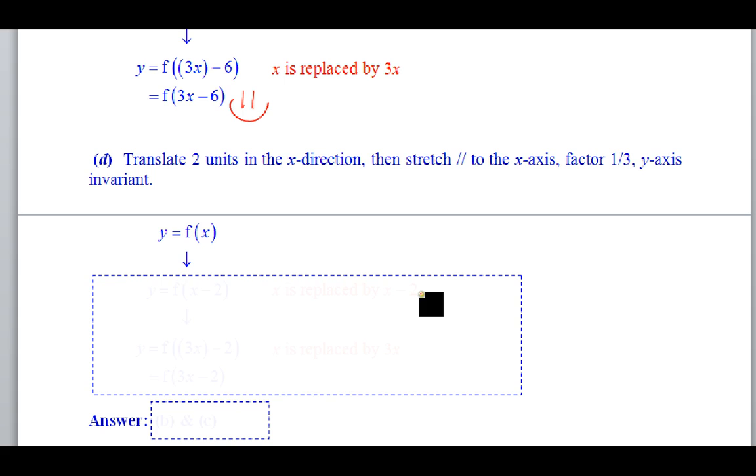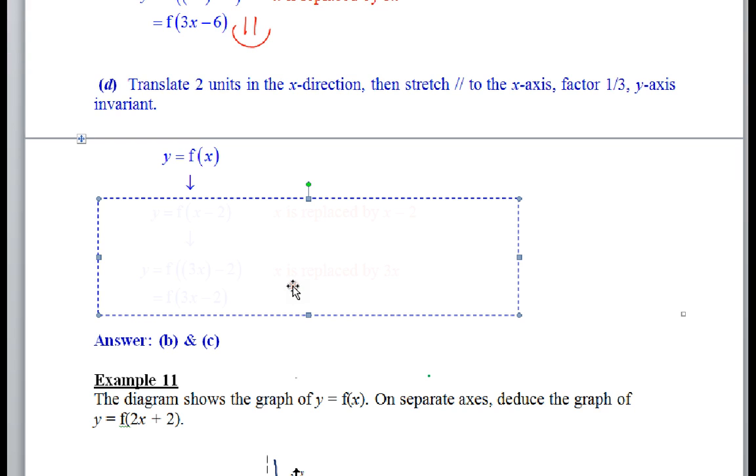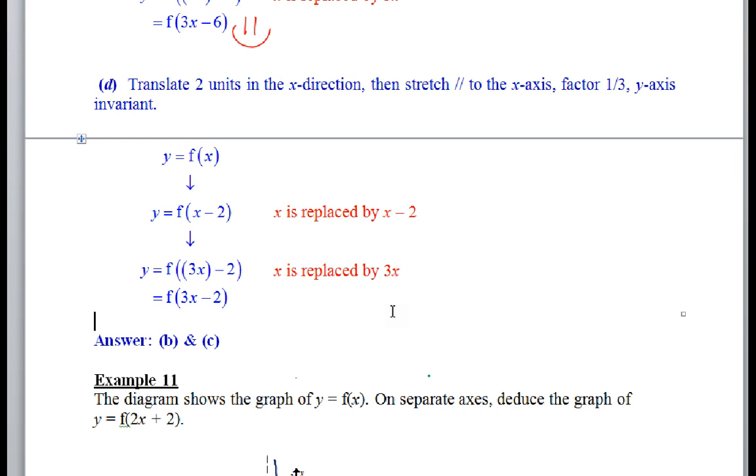Follow? Write D on your own. How do you arrive at the wrong answer for D? So answers B and C are correct. Very quickly I'm going to flash the answers for D. It is wrong. That's not what you want.